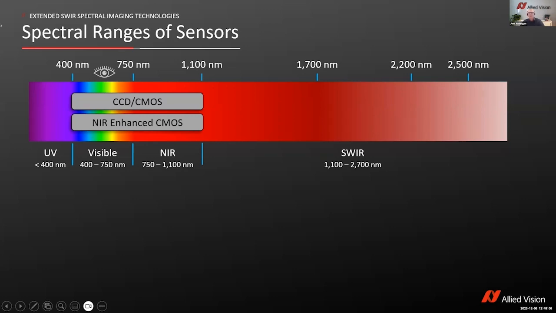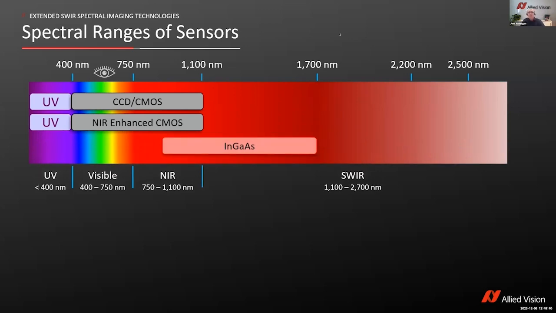Depending on the sensor glass material and the internal sensor architecture, they can be optimized to sense down to 200 nanometers. These are then UV sensors. And nevertheless, at 1050 nanometers, even the near-infrared-enhanced CMOS sensors have a very low quantum efficiency of around 10% only. Therefore, other sensor materials are needed to detect light in the shortwave infrared beyond 1100 nanometers.